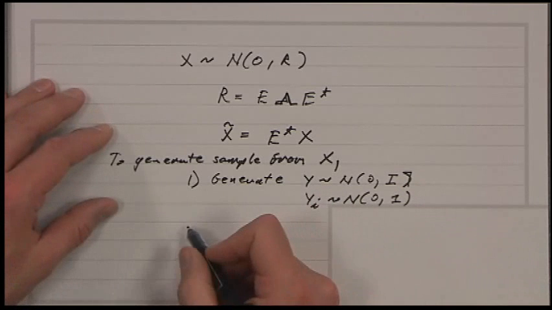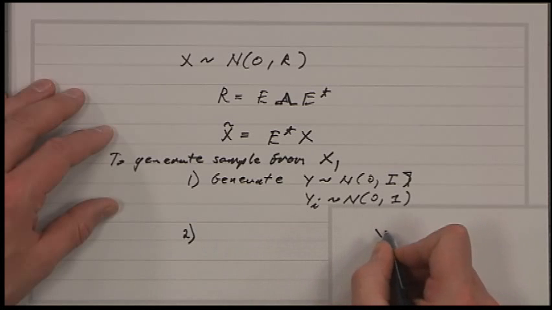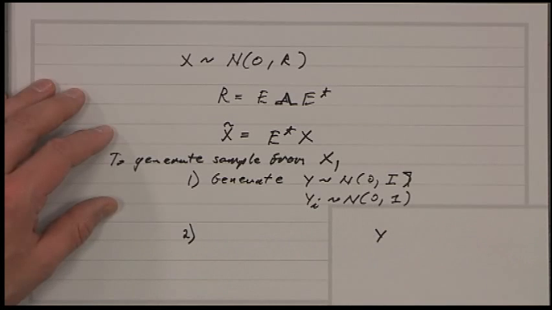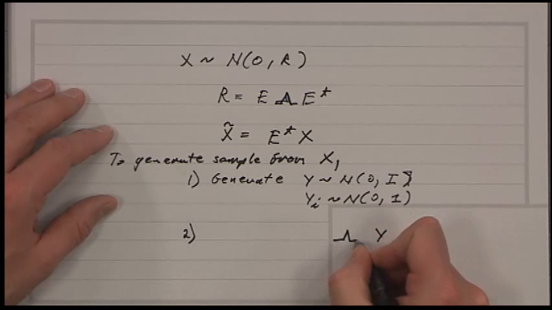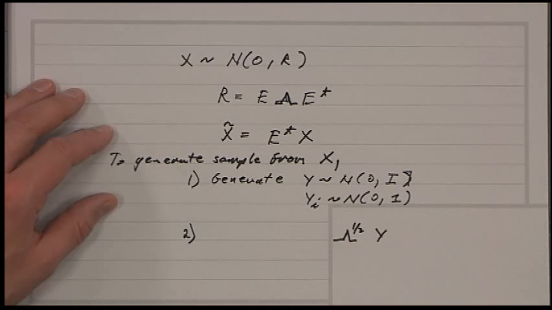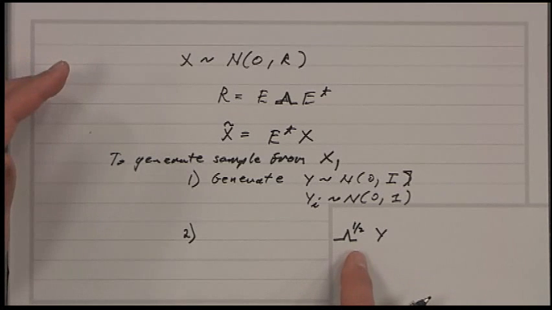Then what you do is this. First you take Y, and then you have to scale each entry appropriately. So you multiply it by the square root of lambda. Now, if you tell me to take the square root of a matrix, I'll get very angry at you, because in general, it's not entirely clear how to do that. But for a diagonal matrix, that's fine, because you just take the square root of the individual elements.